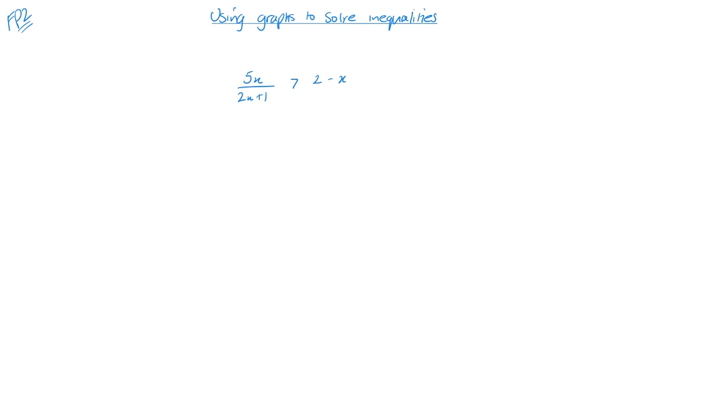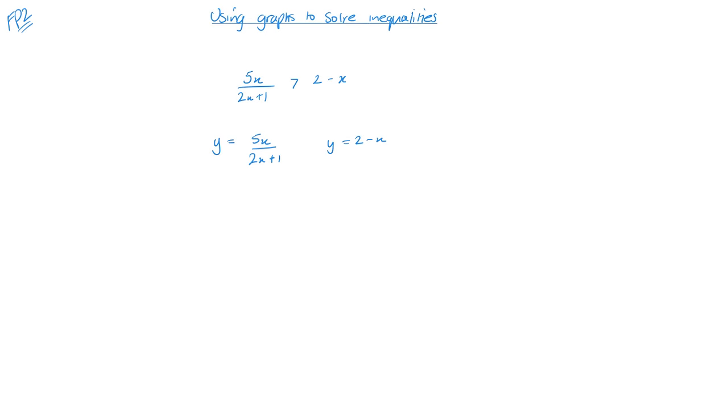So say I have something like this, then before I do anything, I can sketch both of these graphs. So y equals 5x over 2x plus 1 and y equals 2 minus x.